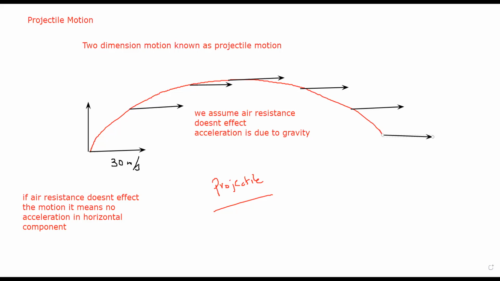Throughout the motion, the horizontal component will not change. So there is no acceleration in the x-axis for a projectile motion. In practice there will be acceleration, but in our assumption, because there is no air resistance, the horizontal velocity remains the same.